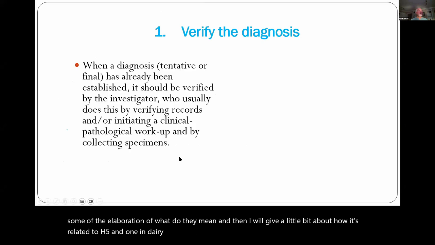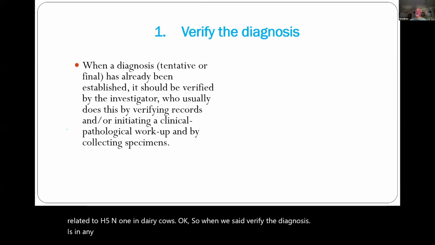Okay, so when we say verify the diagnosis, in any disease investigation, there is a need for verification of the cases.